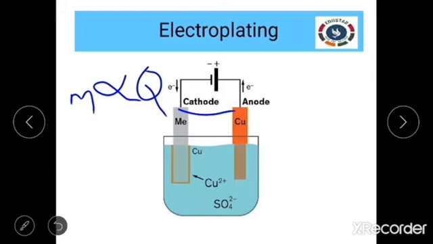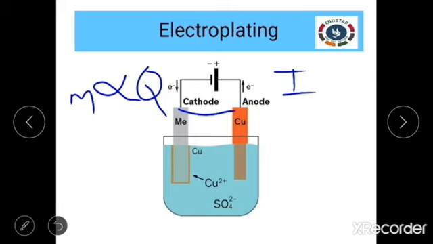This is Q. This is said by Faraday's first law, right? M is proportional to Q. What is Q? Q is the amount of electricity supplied to the electrolytic solution for a particular instant of time. This is Faraday's first law.